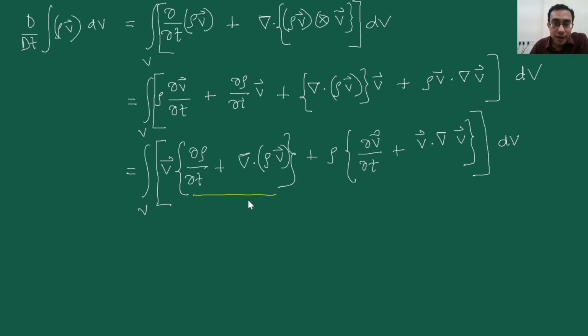What is this? By conservation of mass, what we have actually is del rho del t plus del dot rho v equal to 0.